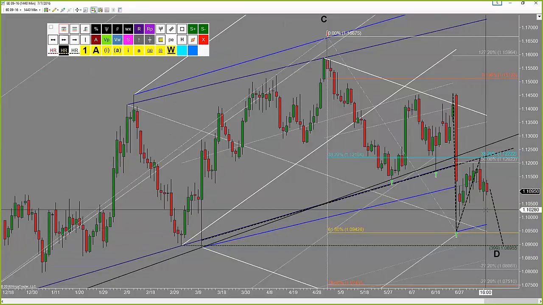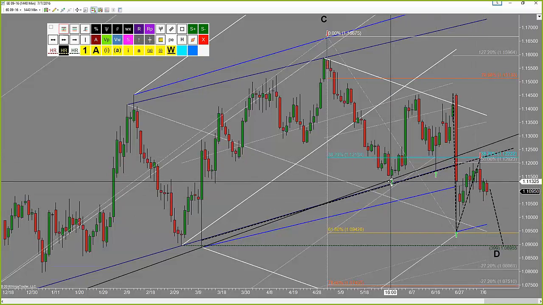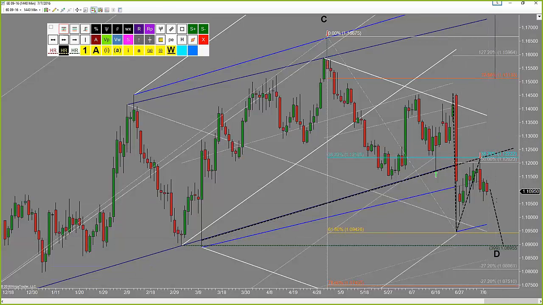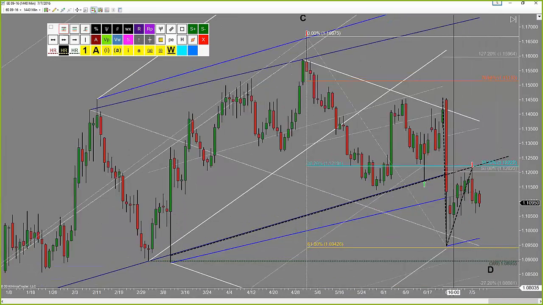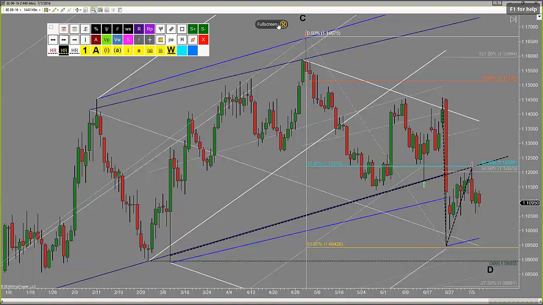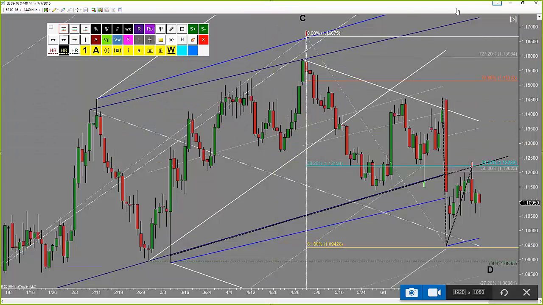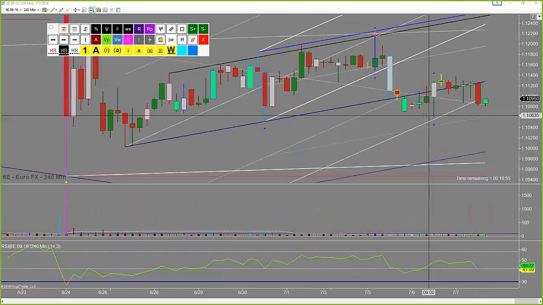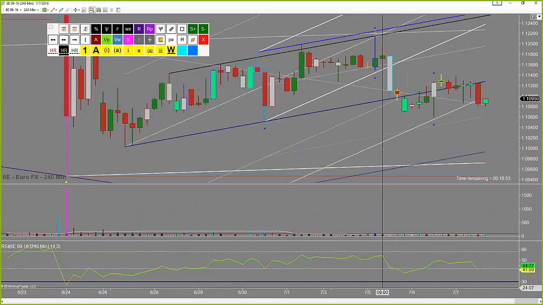So we're looking at this swing high right here. And this swing high right here.